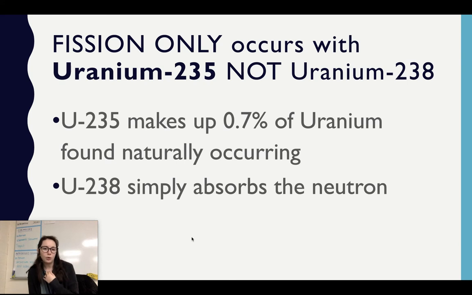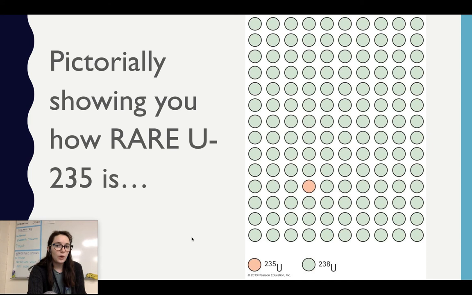So that one's stable, that's what's in our ground. That's why we don't have this chain reaction happening all the time around us. Otherwise, it'd be very dangerous for us. So it's important to understand that it only happens in this fission process with U-235. That's just showing you how rare U-235 is. It is extremely rare to find. I mean, 0.7% naturally occurring, whereas U-238 has the 99.3%.